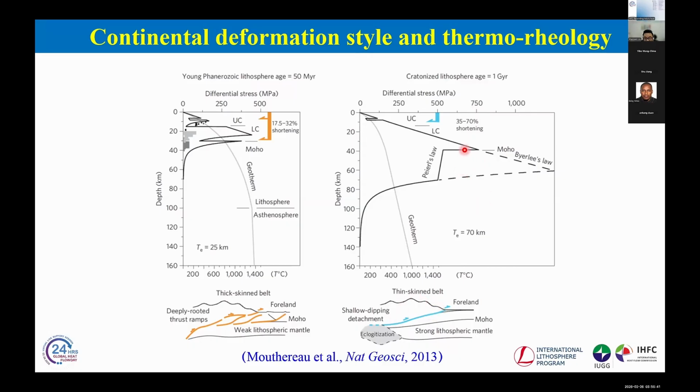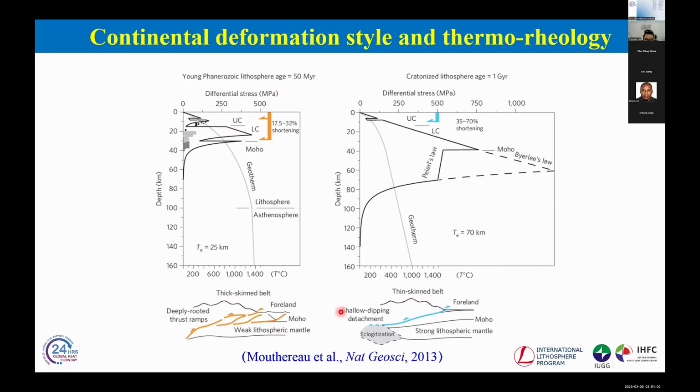We can see the crustal shortening is about 35 to 70 like this one. Well, for this kind, the basement, the deep part of the crust, can also be involved in the deformation. So this is for the thin-skinned deformation. This is for the thick-skinned deformation.